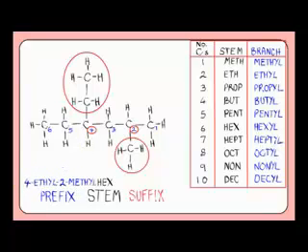We put our branches in alphabetical order, so ethyl comes before methyl. So we have 4-ethyl, 2-methyl as our prefix. Finally, the suffix is ane, as our compound is an alkane. Our compound is 4-ethyl, 2-methyl-hexane.